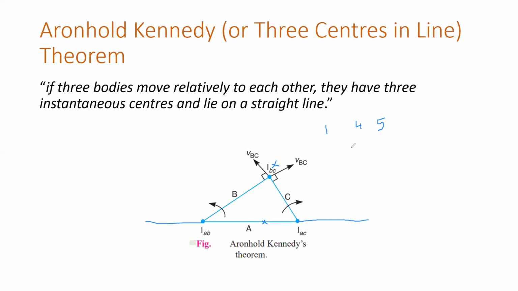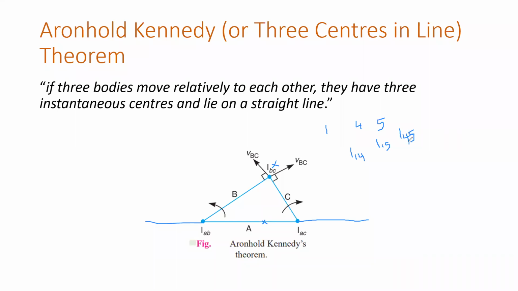So there will be three ICRs, like ICR 14, make the combination, right? I14, then I15 is one combination, and I45. So I'm writing the small digit first, and bigger digit later.